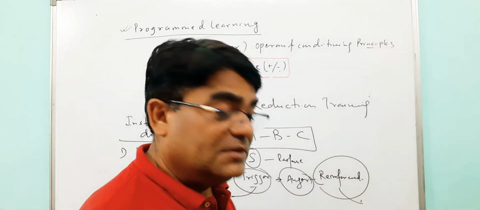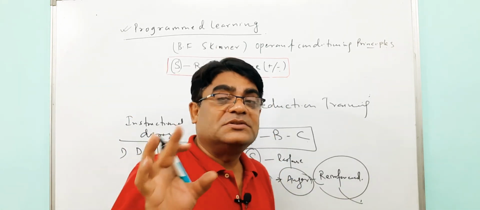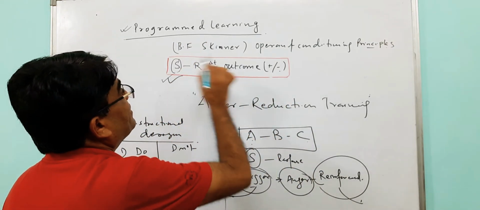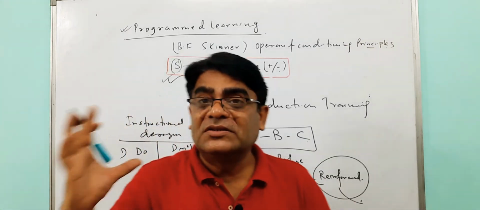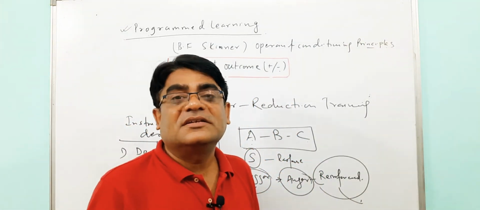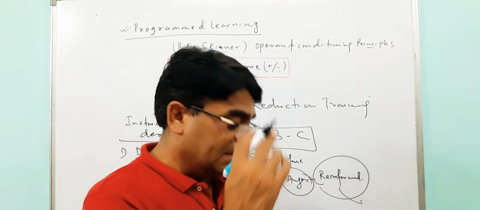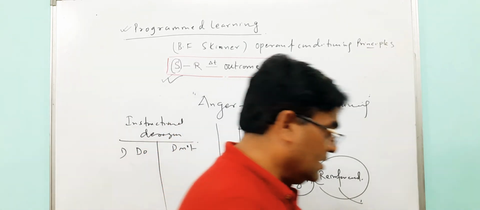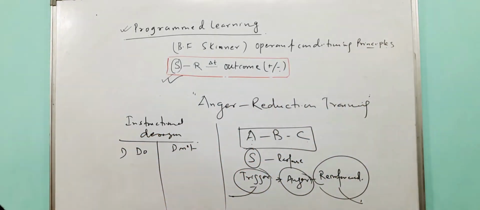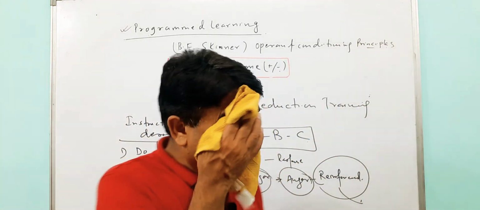Remember, you are being asked to design as per program learning, as per operant conditioning principles. There is no role of cognitions or other methods. Remember this thing. Don't mix. They are asking just to use this technique, the program learning technique. So you will use only the program learning technique and the corresponding principles. Getting my point? Just a second.